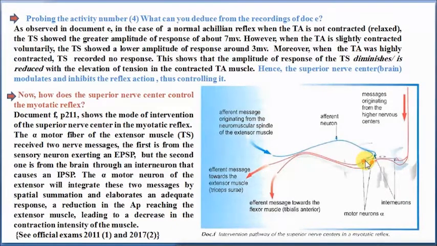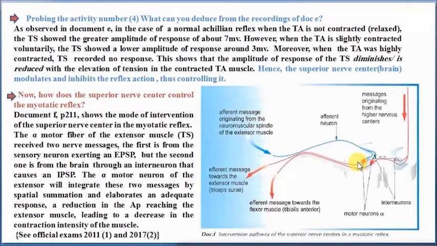So this alpha motor neuron of the extensor is going to integrate these two messages by spatial summation, and it is going to elaborate an adequate response. This response is going to differ from the response usually found in a normal Achillean reflex when the tibialis anterior was not contracted.